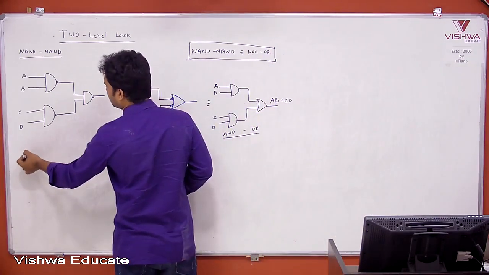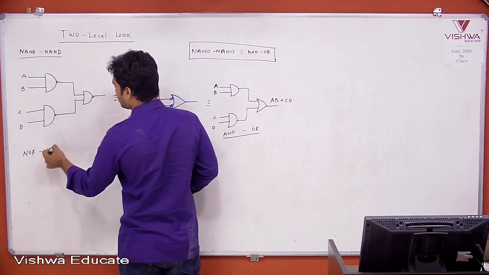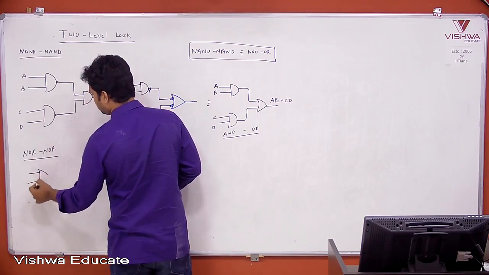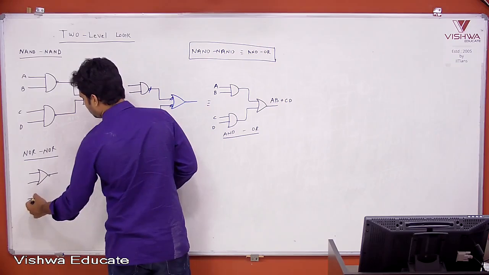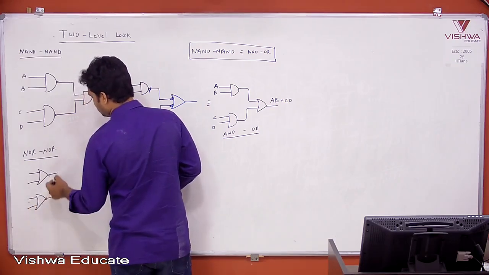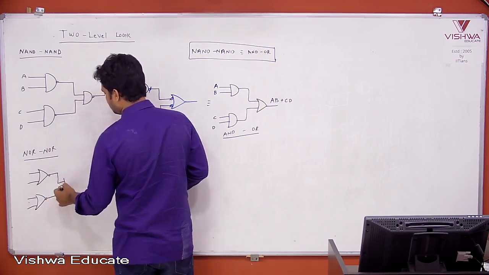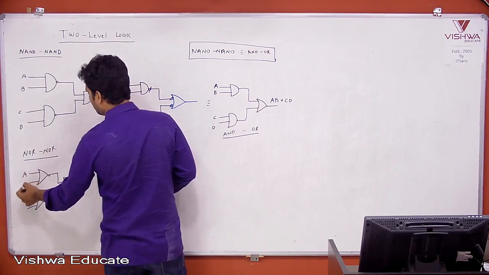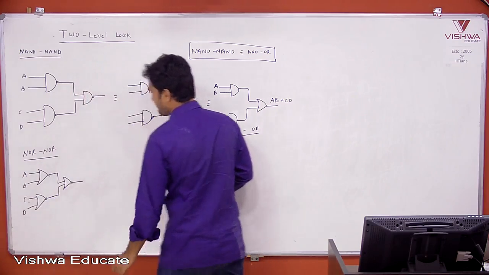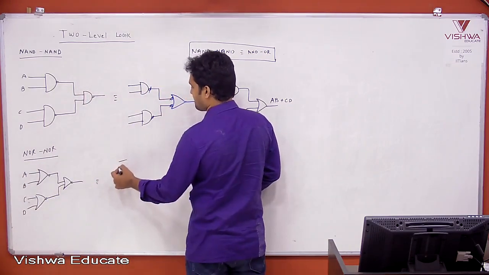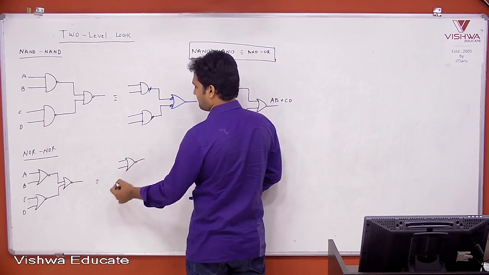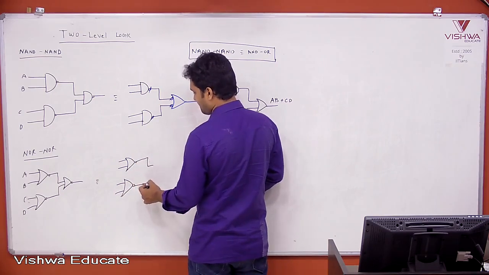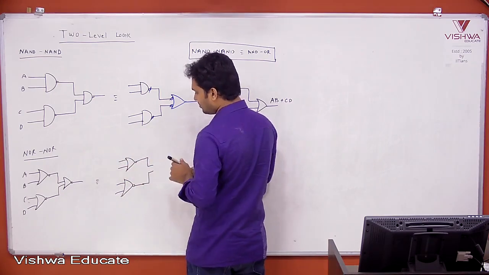if you have NOR followed by another NOR, with inputs A, B, C, D, now the NOR gate can be replaced with its alternate logic symbol.